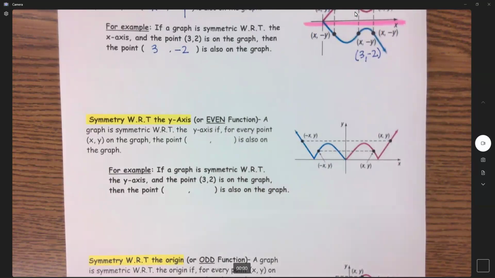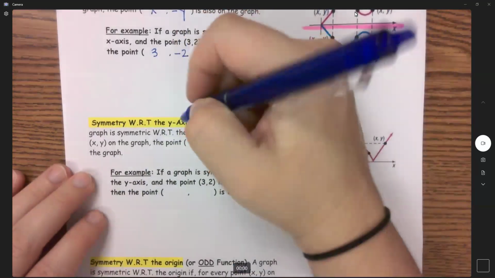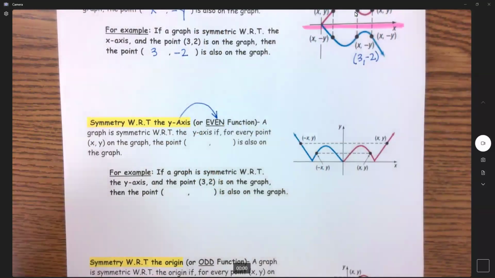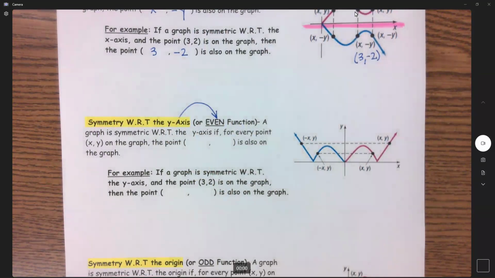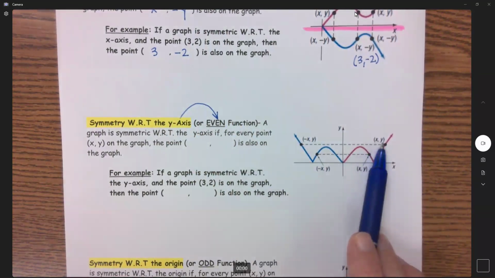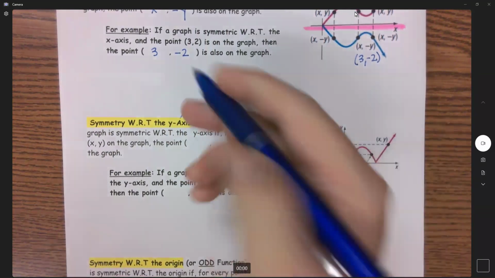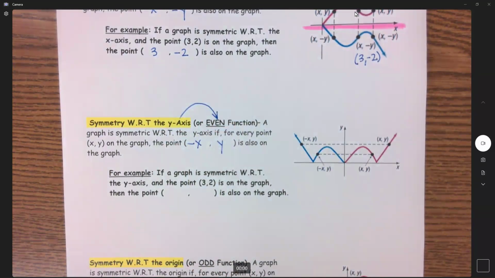When I have symmetry with respect to the y-axis, this is also known as an even function. It says a graph is symmetric with respect to the y-axis if for every point xy on the graph, the point, and we can see again from this diagram, if I have the point xy, we also have the point negative x comma y.